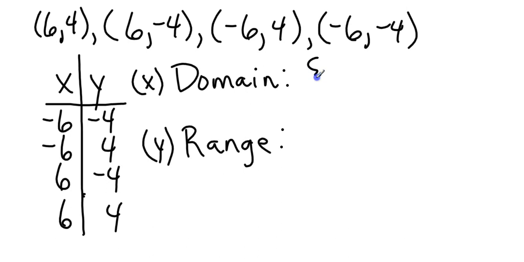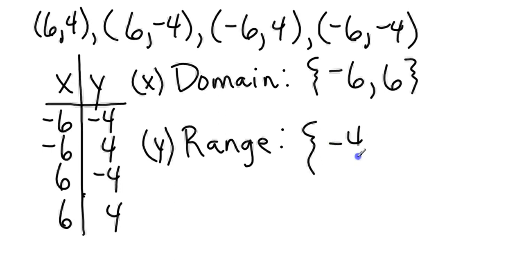This is my crazy bracket. My 2 x values are going to be negative 6 and 6. And then my 2 y values or range values are going to be negative 4 and 4. Again, I don't list anything twice. So there will be cases in the work where you'll have 5 or 6 of them, but in this case I've only got 2. So that's coordinate plane.